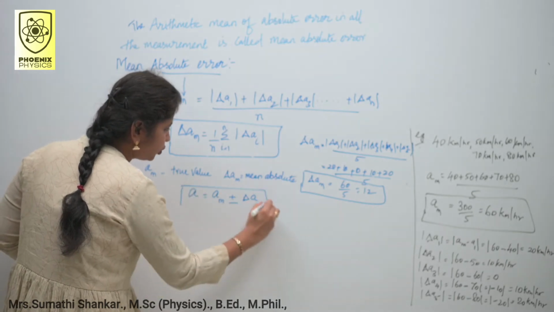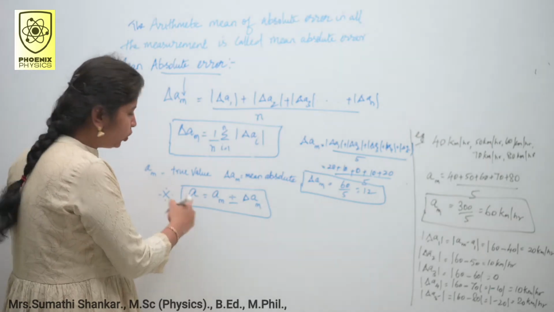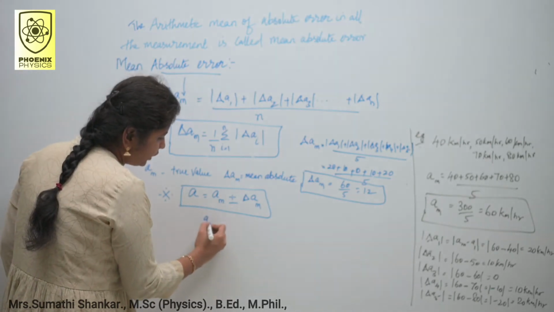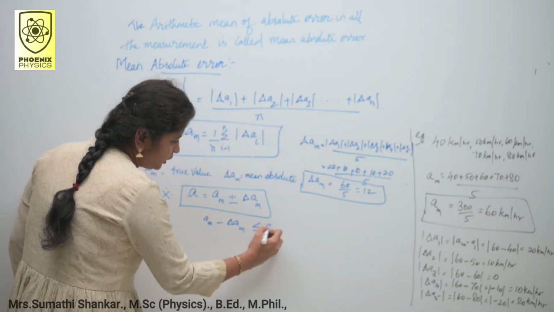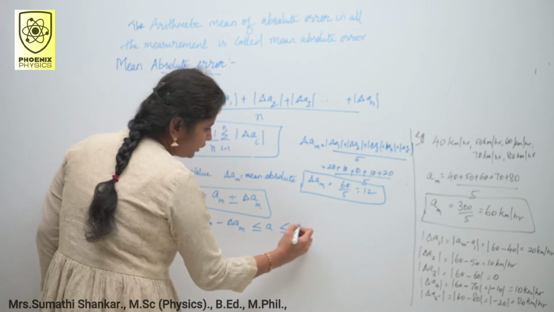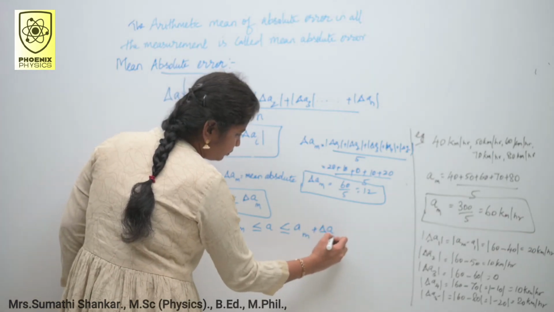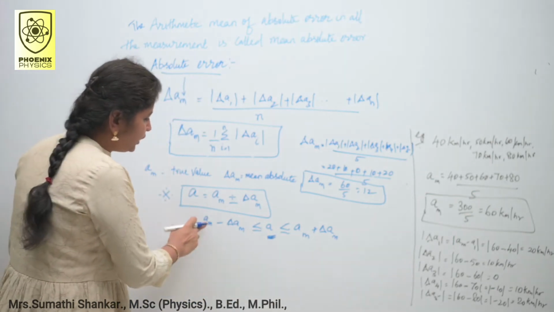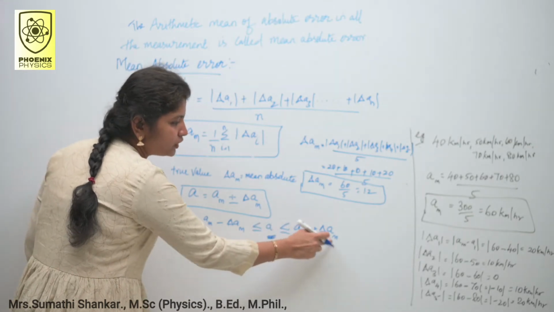This is very, very important. Don't forget this format. The magnitude of A lies between AM minus delta AM and AM plus delta AM.